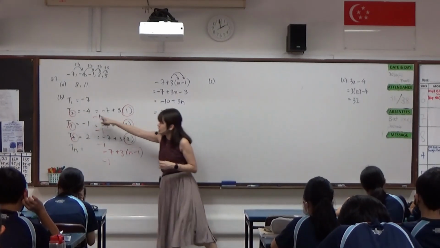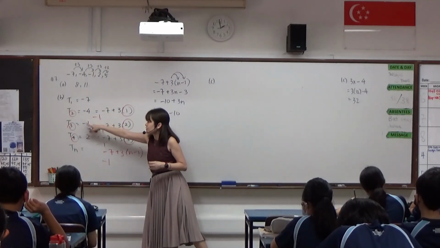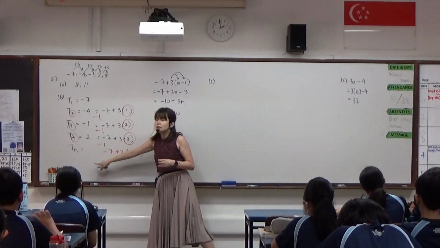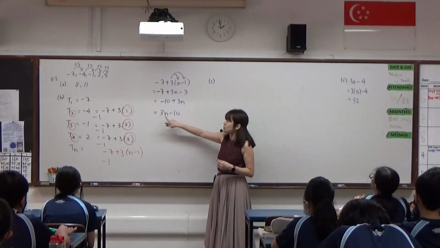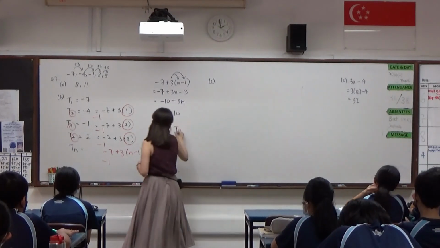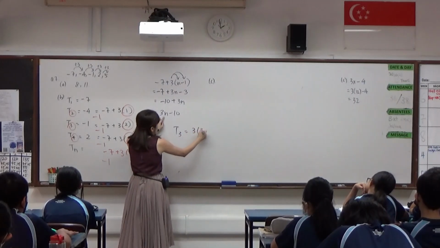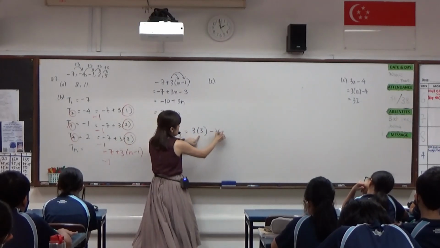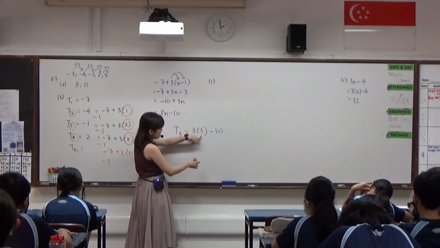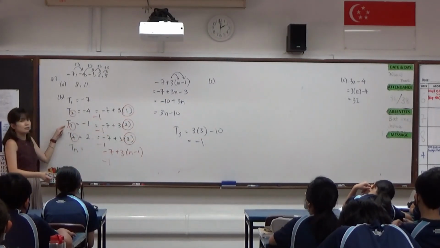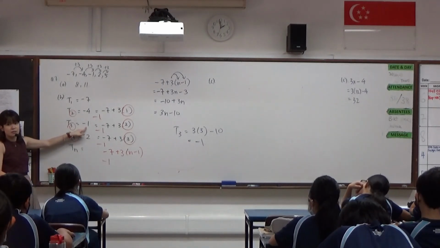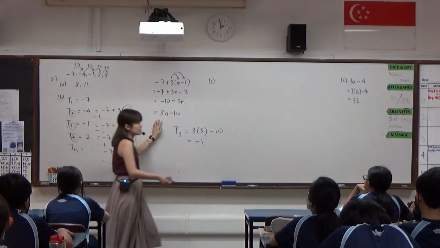Because every single number here, negative 7, negative 4, negative 1, 2 and so on, they all satisfy this. If I know what term number it is, for example, if it is term number 3, my n will become a 3, so 3 times 3 is 9, minus 10 is negative 1. And that is true for this because term number 3 is negative 1. So that is how this formula here works.